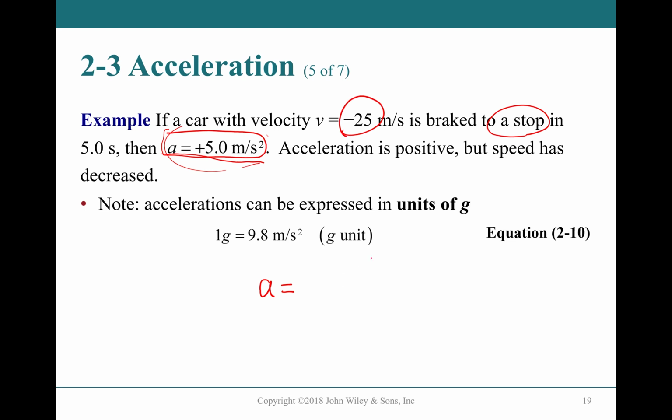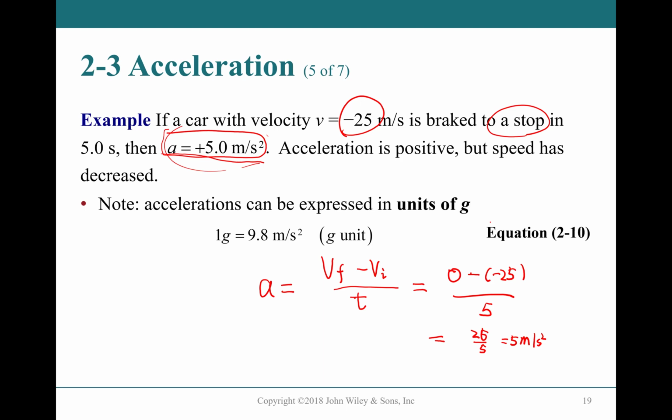Let me write it the right way. It's final velocity minus initial velocity divided by our travel time. And then it's 0 minus negative 25 divided by travel time, which is 5 seconds. So you are going to get 25 over 5, which is 5 meters per second squared.